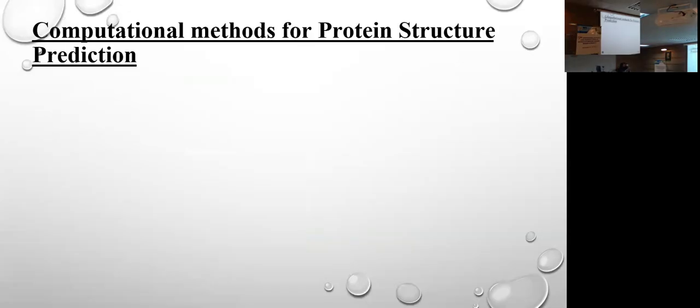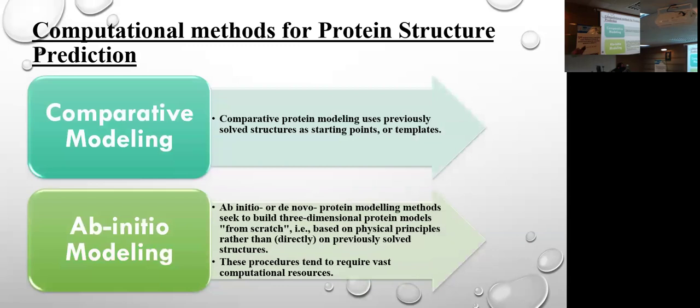Computational methods for protein structure prediction are divided into two classes: comparative modeling and ab initio modeling. For example, if you have a template before, like you know how the structure would somehow look, we call it a template in computational terms.